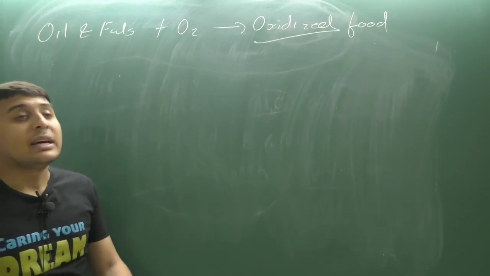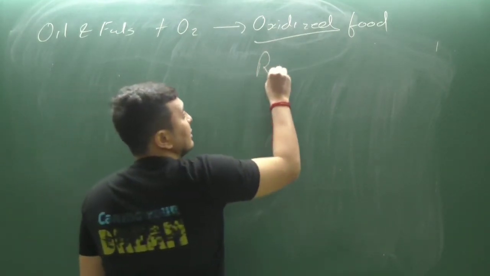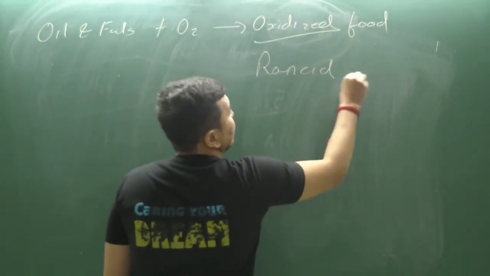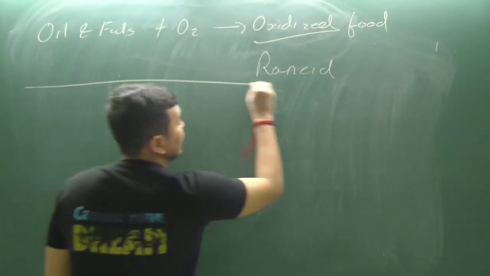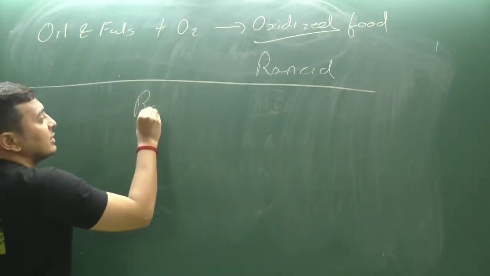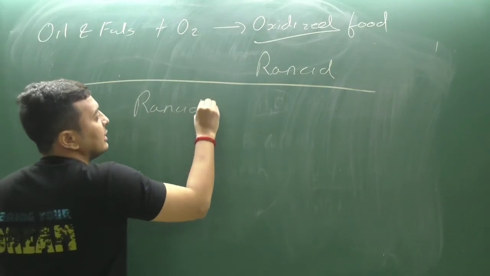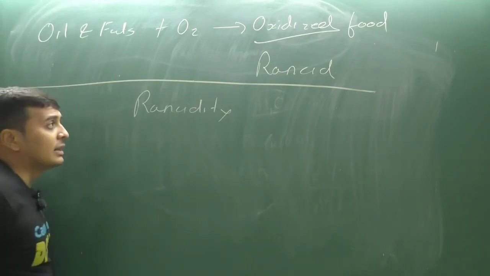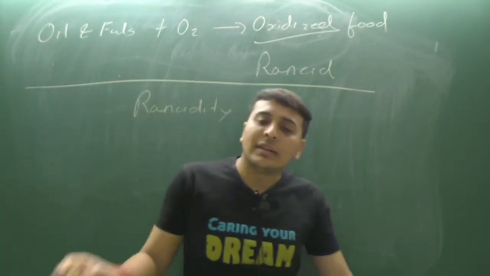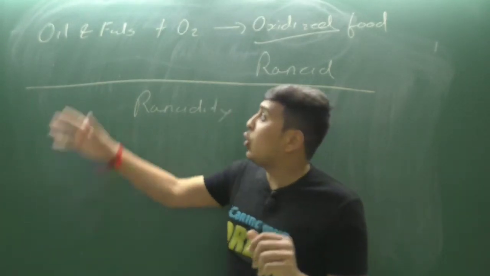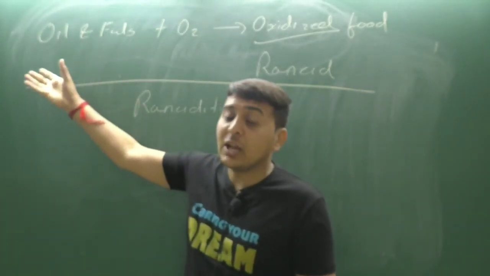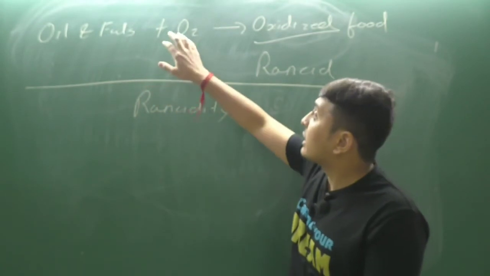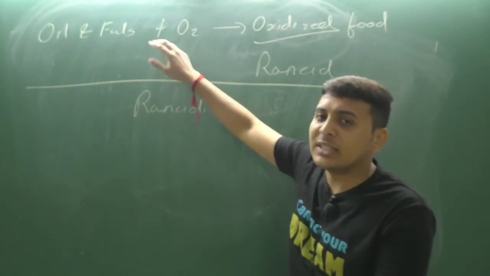That are known as rancid, and the whole process is known as rancidity. Clear? When the food containing oil and fats comes in contact with or reacts with oxygen, it gets oxidized.